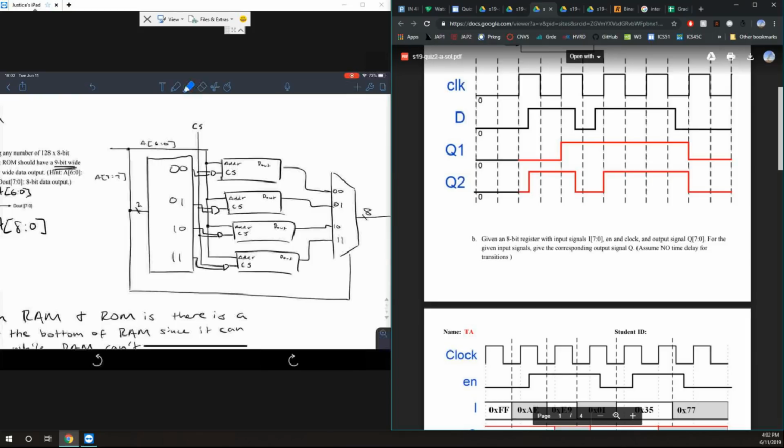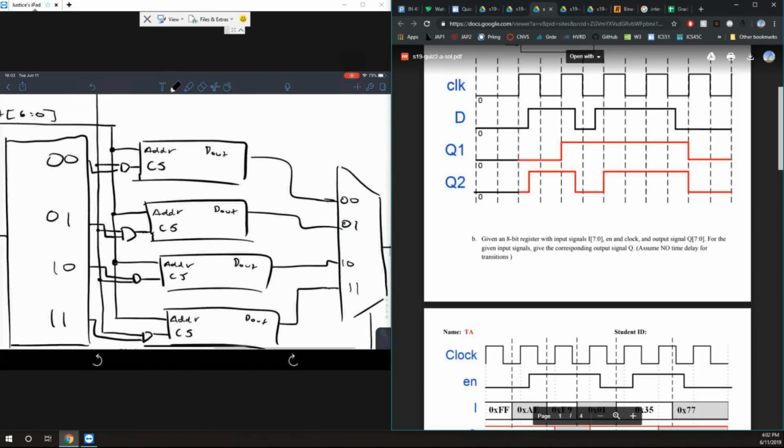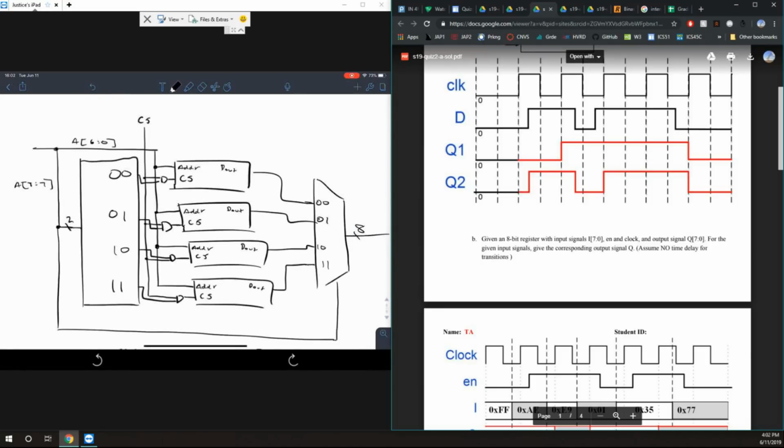From there, in this case, it's ROM, which is read-only memory, so there's no write data. All these AND gates with the chip selector are more like a load, enable, chip selector. The CS value can be 1, and if we also give it a 1 out of one of these, they'll be ANDed together, and that's the one that we choose.